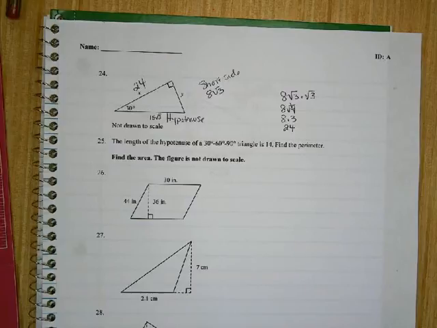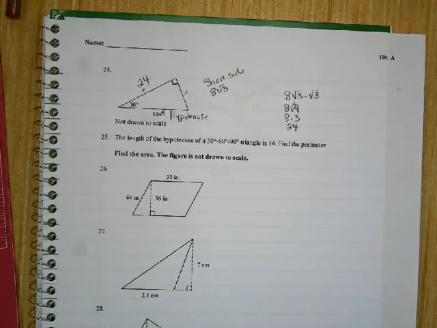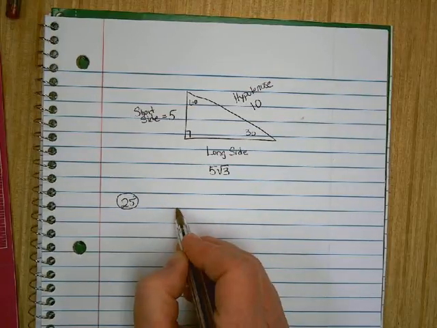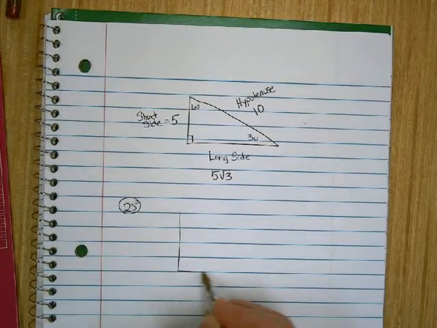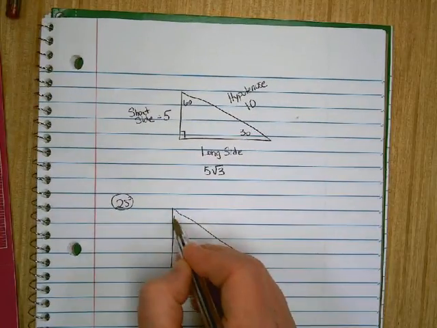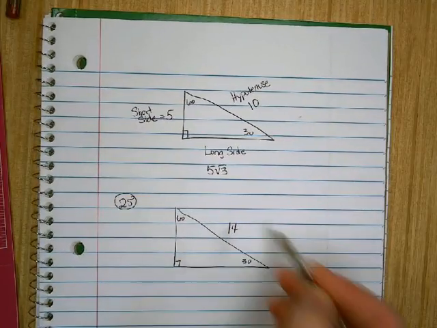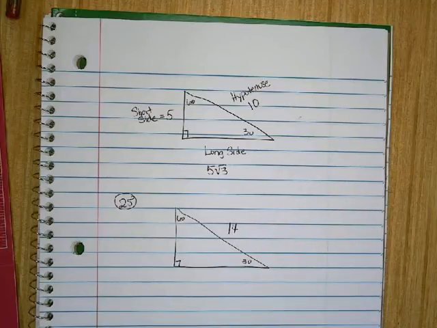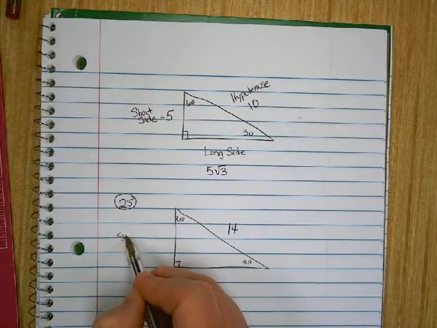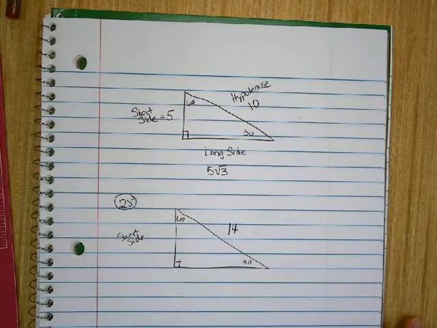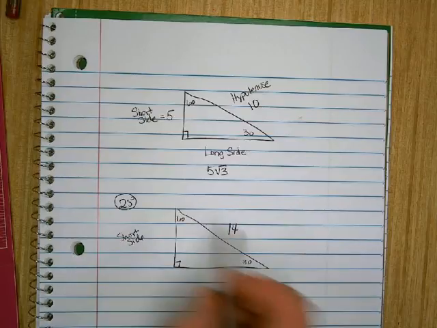Okay, 25. 25 says you have a 30, 60, 90. Hypotenuse is 14. Find the perimeter. If the hypotenuse is 14, what's the short side? 7. And what is the long side?